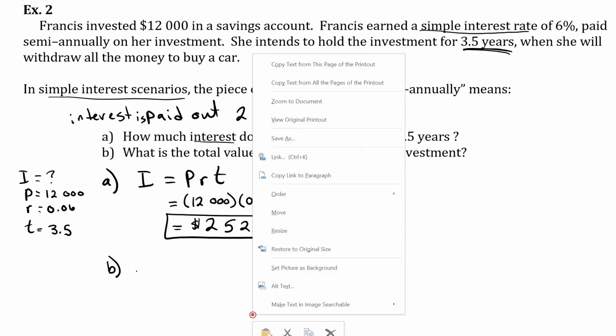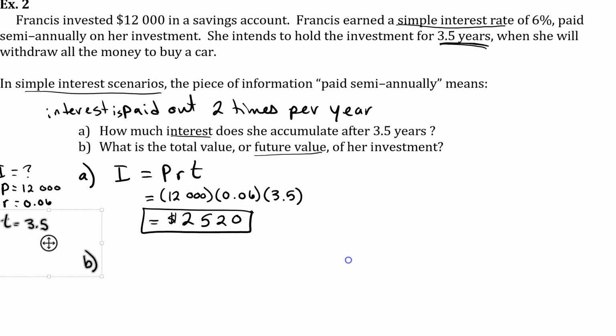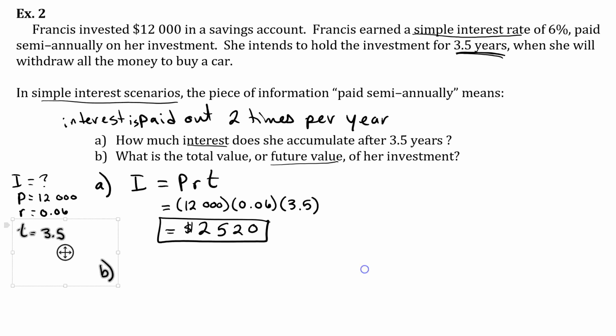Now, the total amount, future value is going to be principal plus interest. So we're going to call the future value, we're going to call it A. You'll see why in a second. So A, the future value, is principal plus the interest.